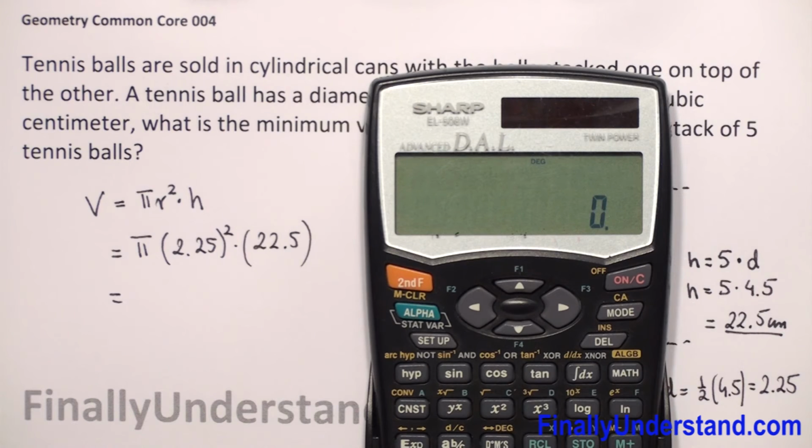We have pi times, open parenthesis, 2.25 to the second power times 22.5.